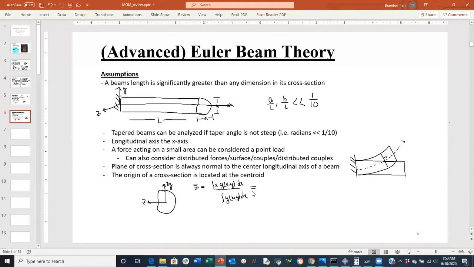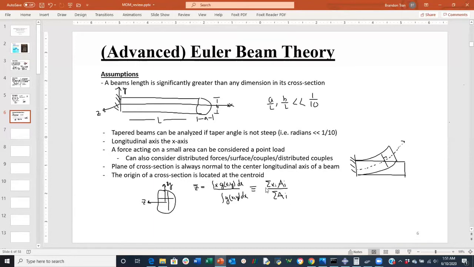This is essentially equivalent to the sum of the x directional center of each component. So you can split this up into multiple parts: the directional center of each component in the x direction times each component area, divided by the sum of each component area.